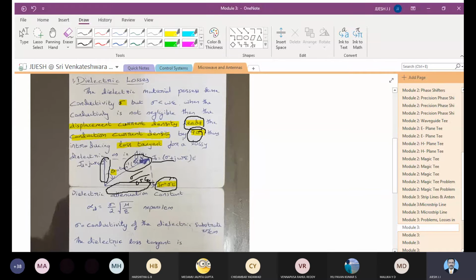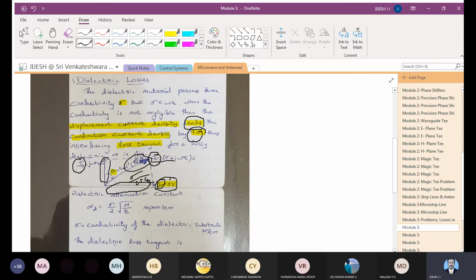The displacement current density is called JD, and the conductor current density is called J sigma. It leads by 90 degrees, and you get the component called Js.